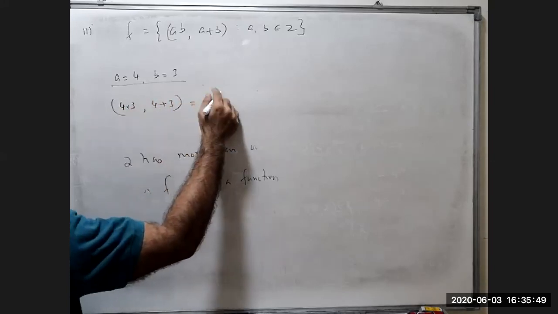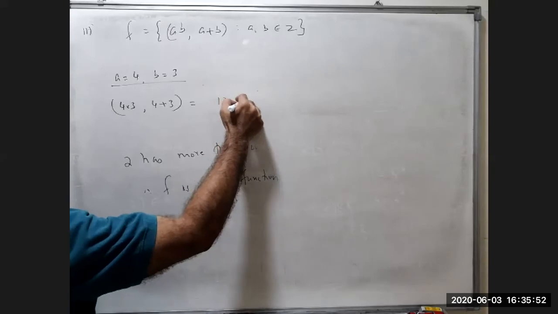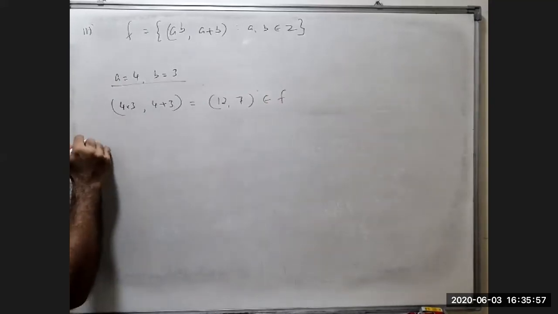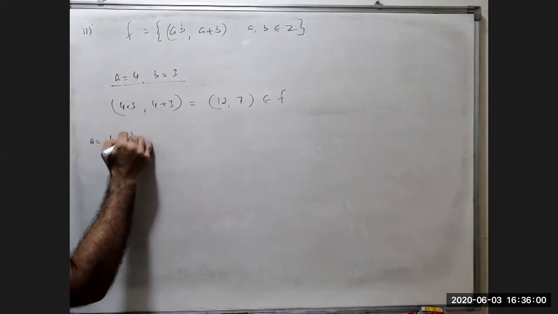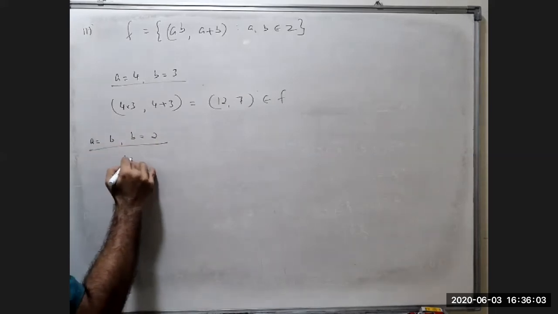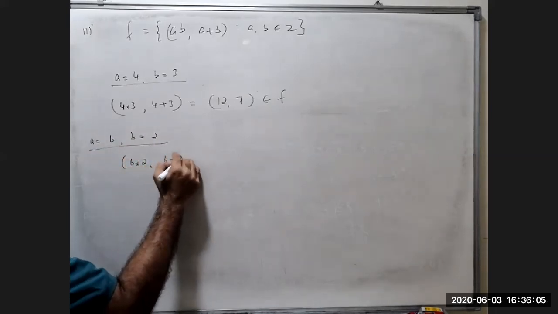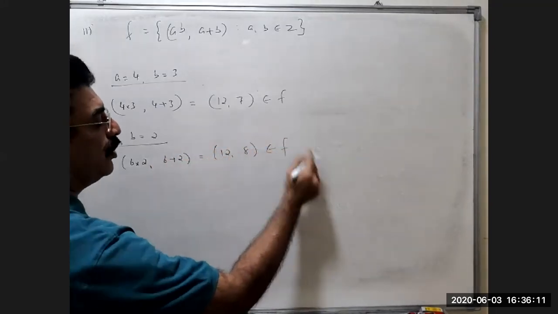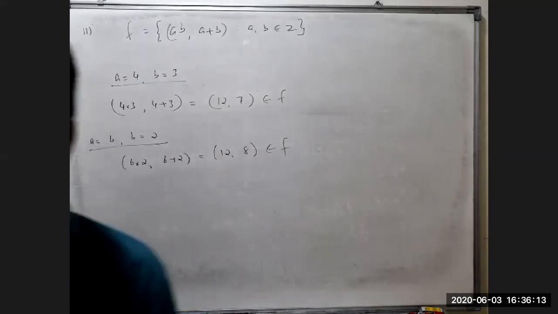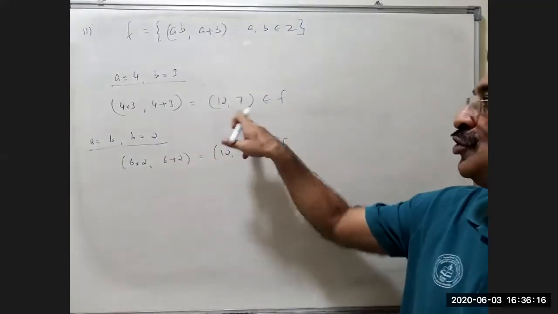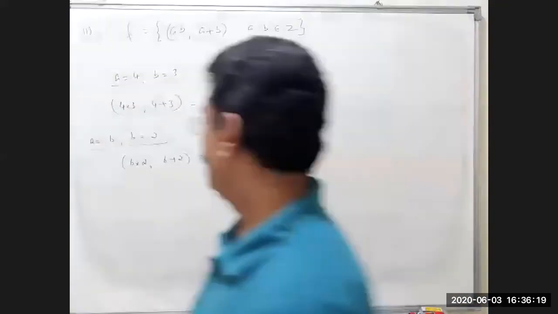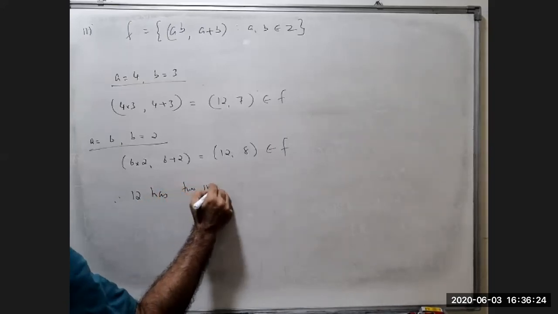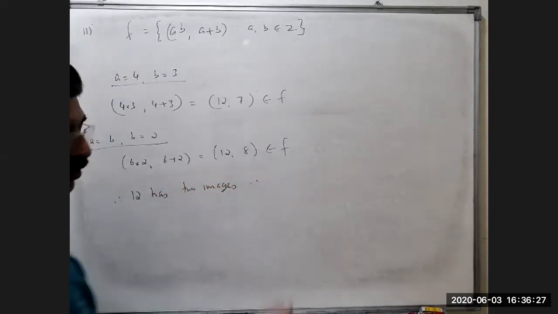That is 12, 7 belongs to F. Whereas A is 6, B is 2. 6 into 2, 6 plus 2. 12, 8. This also belongs here. That means the element 12 has two images. Therefore, 12 has 2 images, therefore not a function.